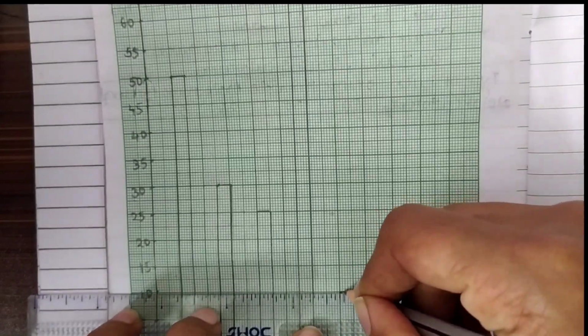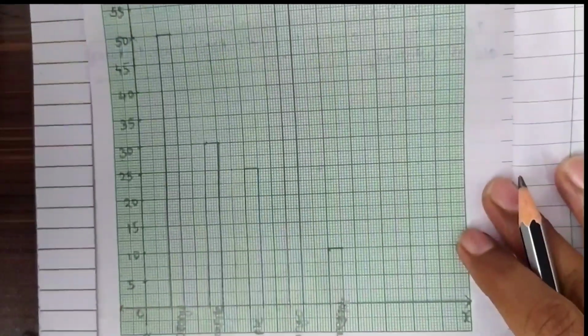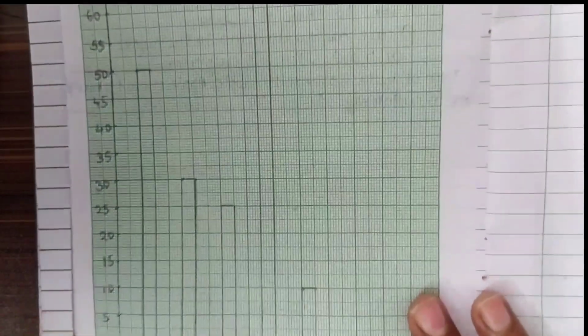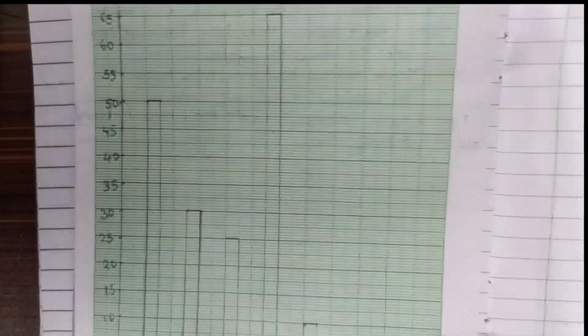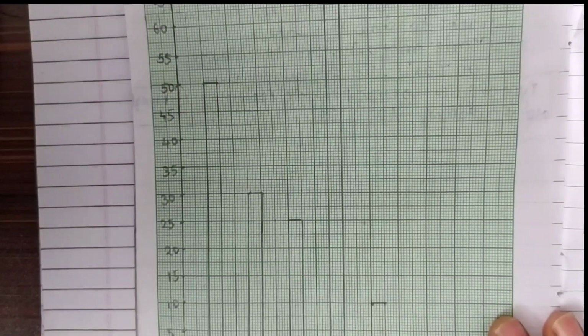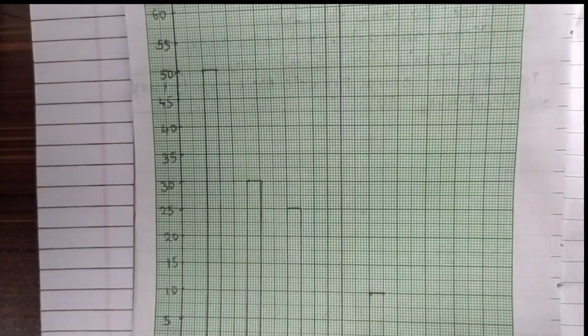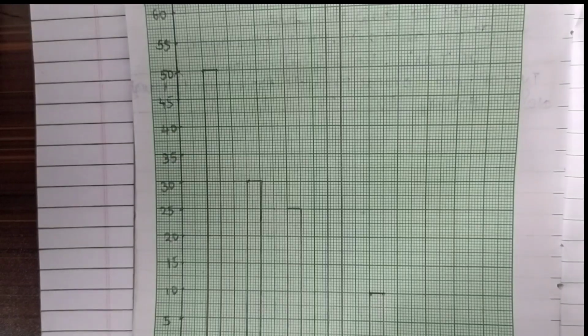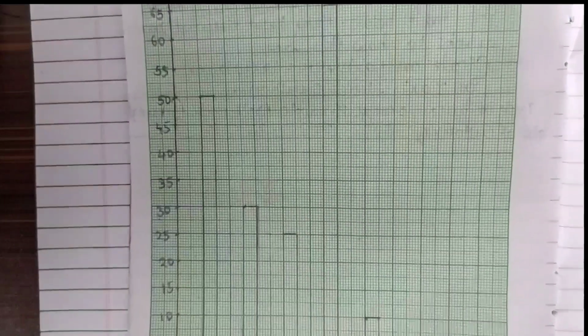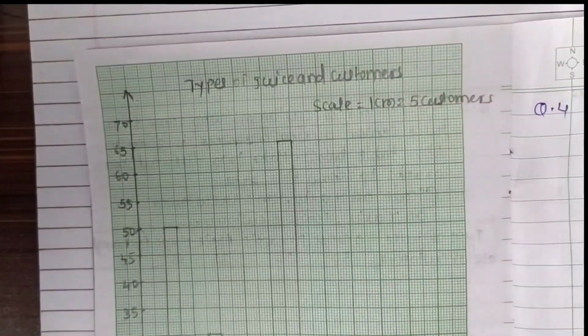Our graph is complete now. So this is our graph, by taking the scale on the y-axis 1 centimeter is equal to 5 customers.